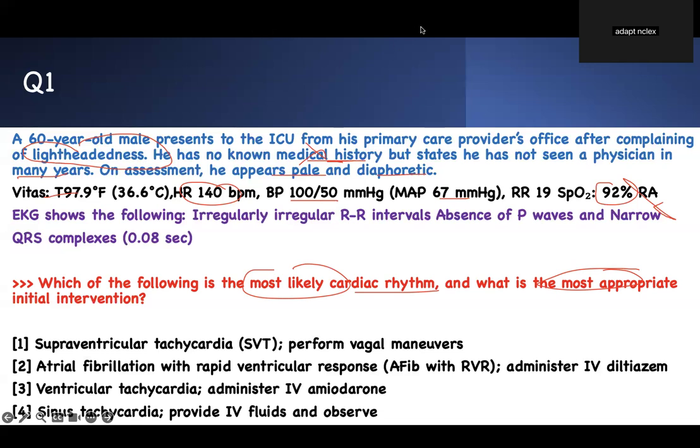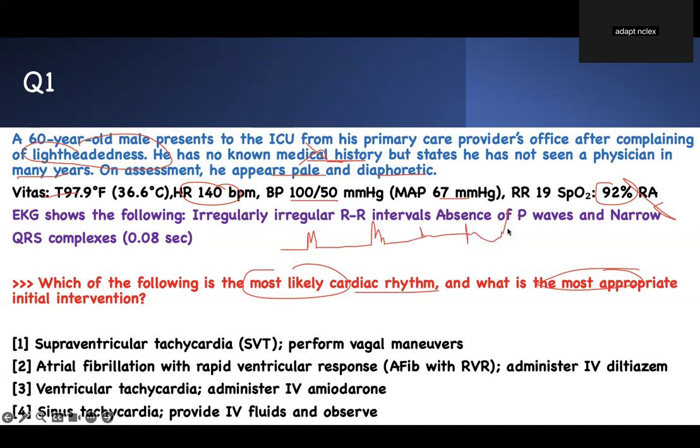These alone give away the answer, and you should be able to master and figure out what this rhythm is. You should be very comfortable when they give you an EKG without a reading, but they give you the description of the EKG. So there's an irregular RR interval. That means the RR interval from one R to another R, the distances are not the same.